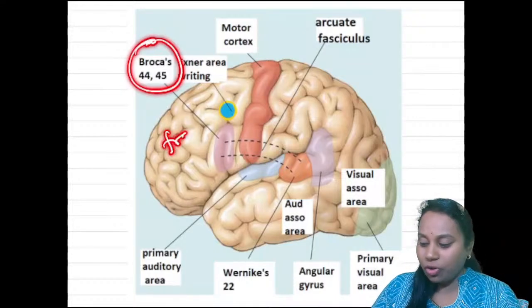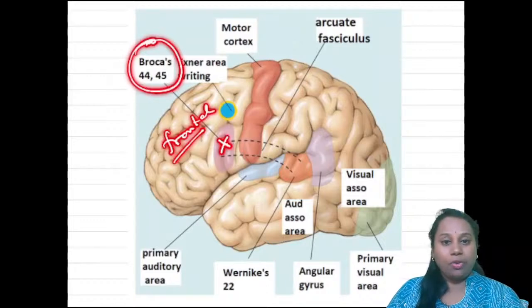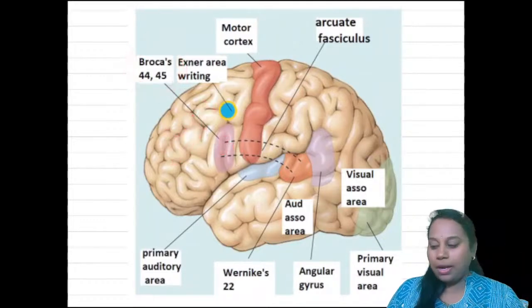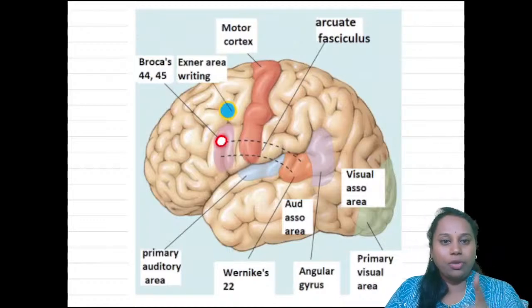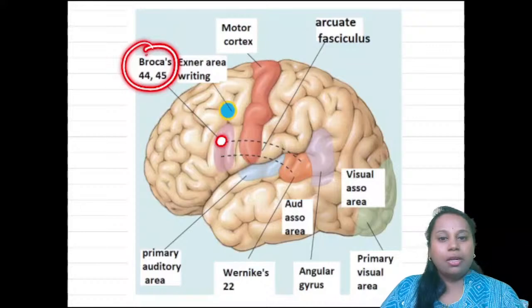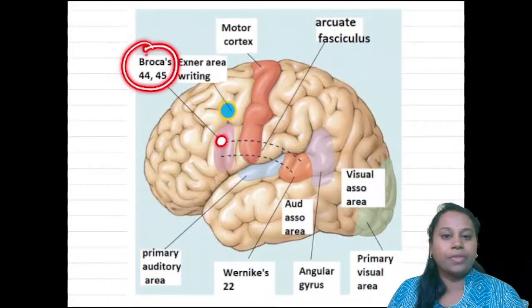This is the frontal lobe, and Broca's area is here. It is located on the inferior part of the frontal lobe. Broca's area is Brodmann's number 44 and 45.